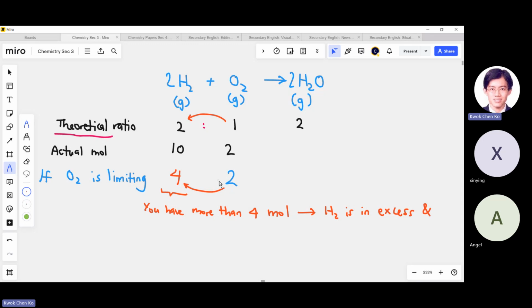And since H2 is in excess, the other guy, O2, must be limiting. And therefore, my original assumption is correct.